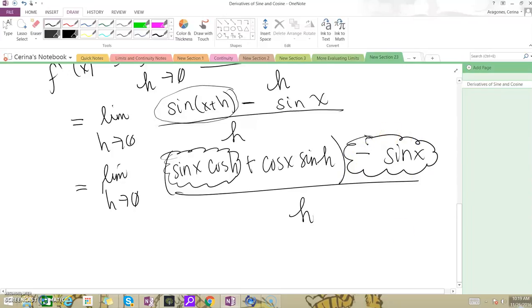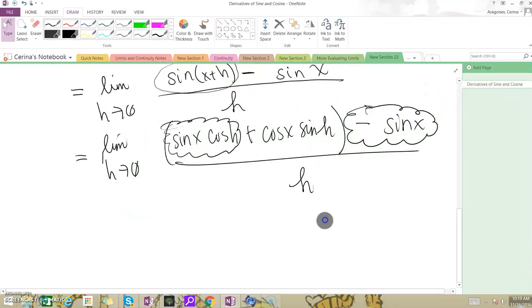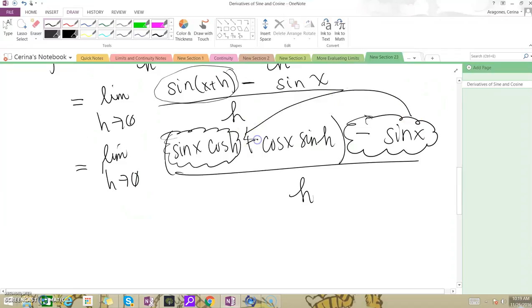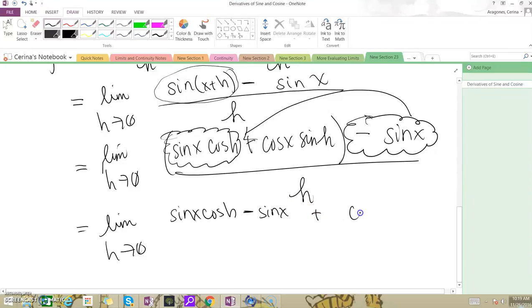So I'm going to put them together. So this becomes limit as h approaches 0 of sine of x cosine h minus sine of x plus cosine x sine of h, and then all over h.